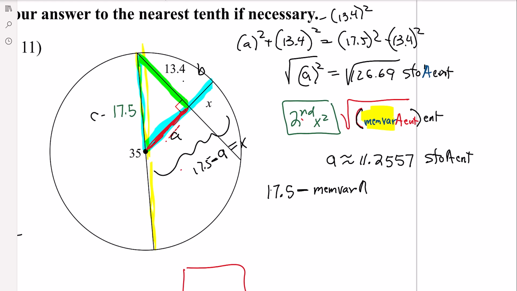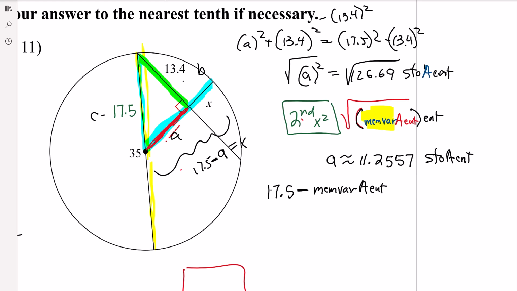The cursor's on A, so select enter. Let me go back up. So 17.5 subtract mem_var.